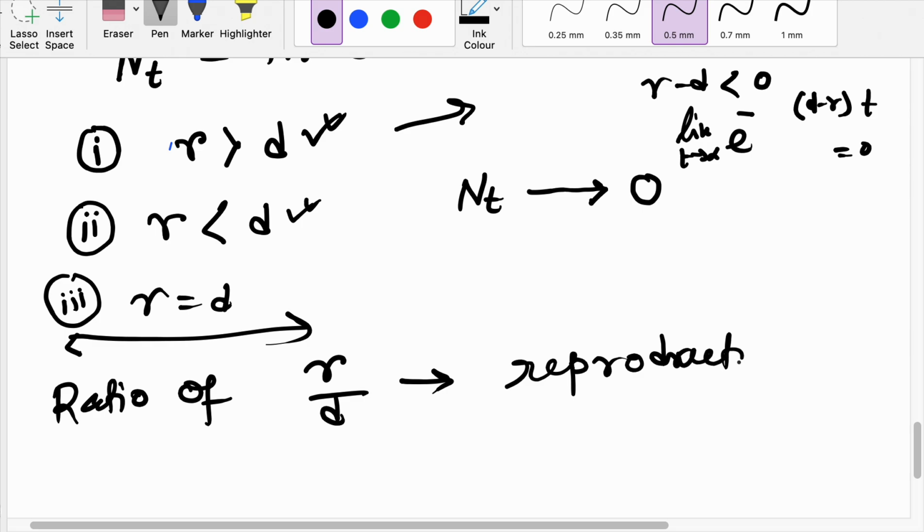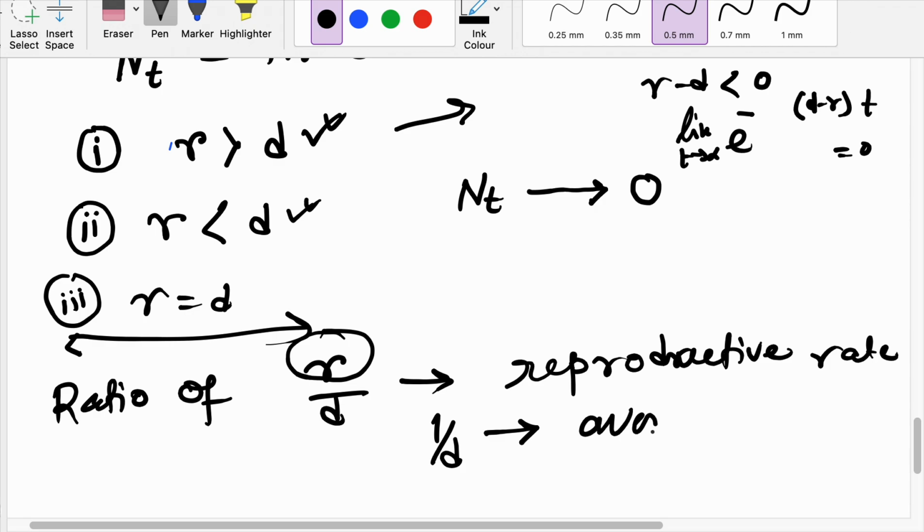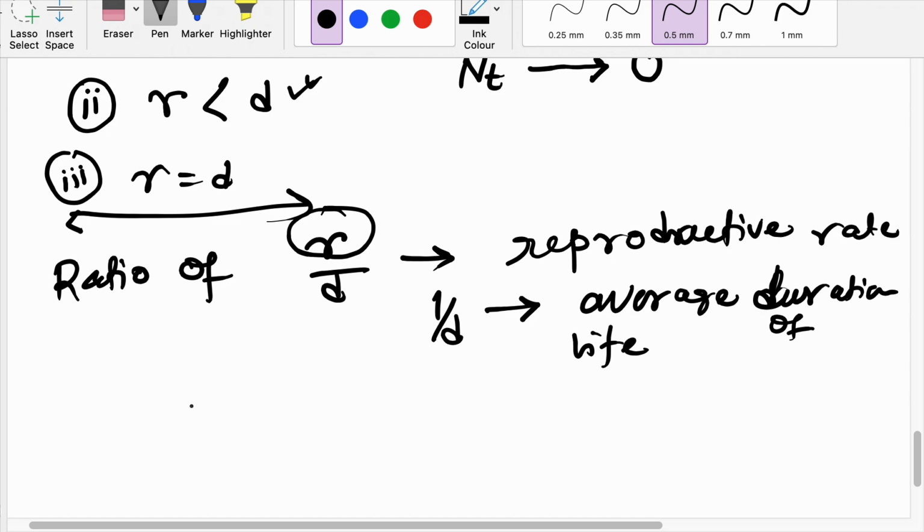Here r is the birth rate, and you could think of 1 by d as the average duration of life. So in an average duration of life, if you produce r individuals, then r by d is the reproduction rate.